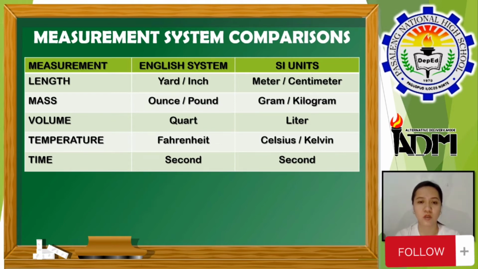For English system it uses ounce or pound, and then for the SI units we have here gram or kilogram. And the next, volume. For the English system it uses quart, and then for the SI units liter. And then temperature, English system Fahrenheit, sa atin SI unit is Celsius or Kelvin. And then for the time, parehas lang, second and second.